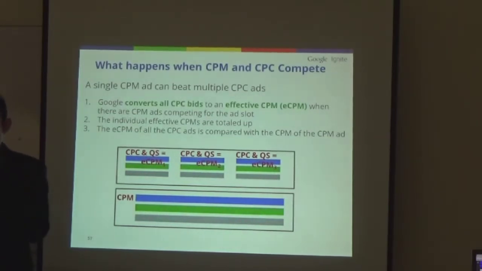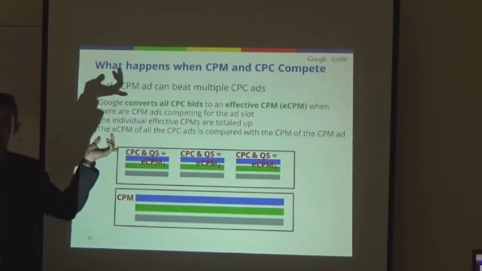So for the 3 advertisers, Google will add up the 3 columns, eCPM1, eCPM2, eCPM3, all together. If the CPM advertiser has the higher bid, in this instance the CPM advertiser will be given the whole slot of the ad space.